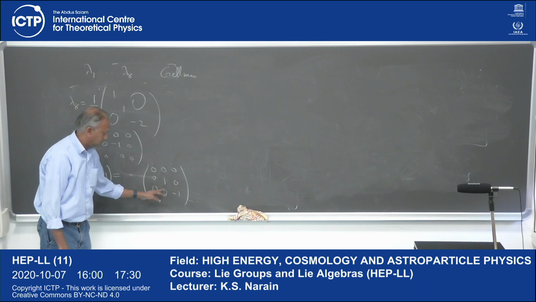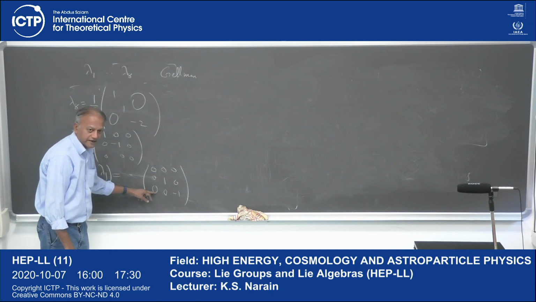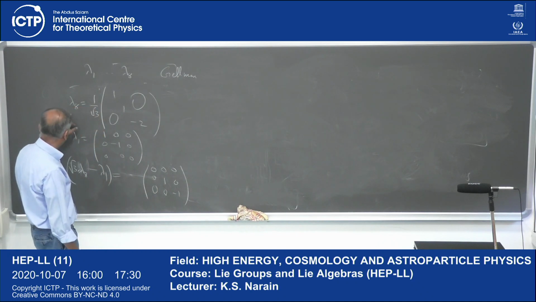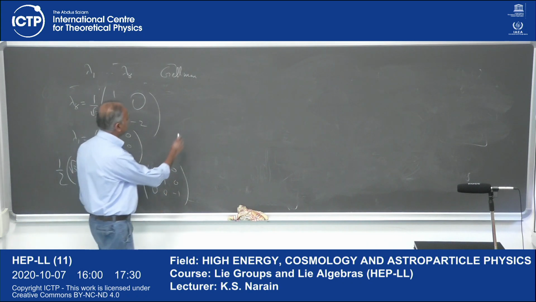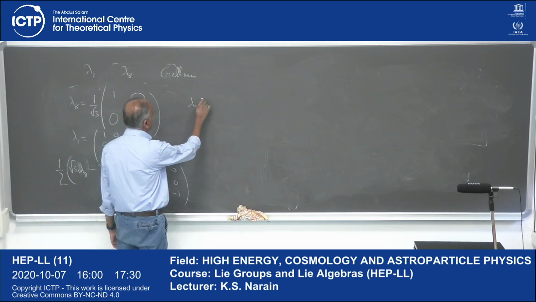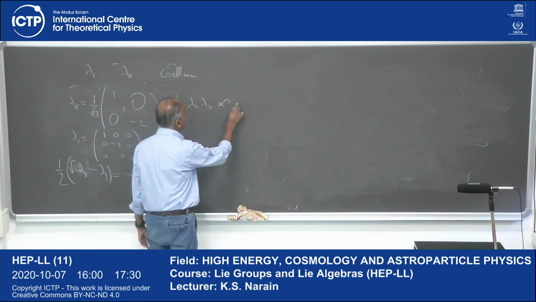So many times we will use this kind of basis. Instead of lambda 8, we choose this basis. But of course, then it will no longer be true that the trace of lambda A lambda B is proportional to delta AB.